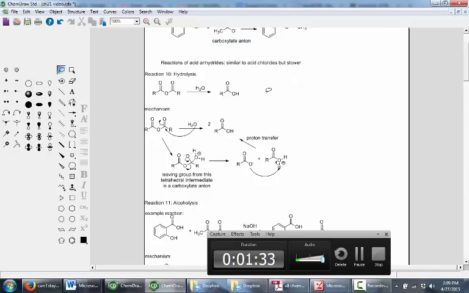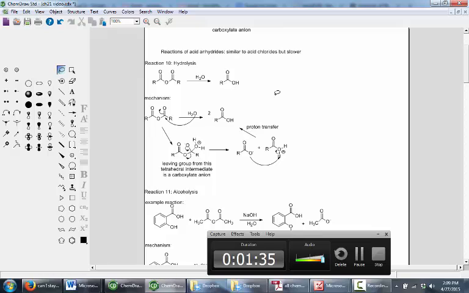So the first reaction of the acid anhydrides that we're going to talk about is what I'm showing here as reaction 10. That's hydrolysis of the acid anhydrides. The overall reaction is I take an anhydride, treat it with water, and form the carboxylic acid. The mechanism is similar to the mechanism of pretty much every carboxylic acid derivative that we've covered until now, which is that the oxygen of the water comes in and forms a tetrahedral intermediate over here.